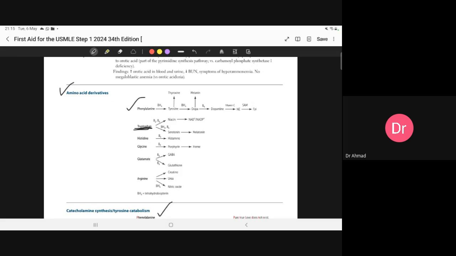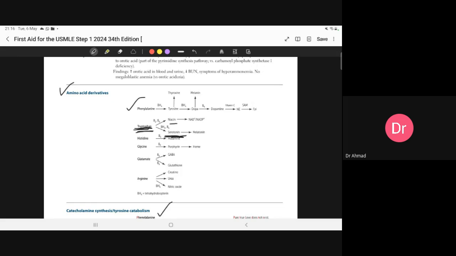So if someone is suffering from a serotonin-producing tumor, like a carcinoid tumor, you utilize all your tryptophan into the formation of serotonin, and that's why you can develop niacin deficiency. So keep in mind that whenever you have carcinoid syndrome, you are prone to develop B3 deficiency. Why? Because tryptophan is the one that synthesizes your niacin.